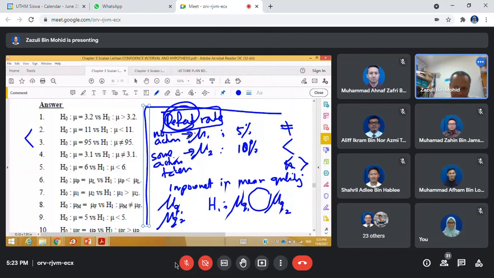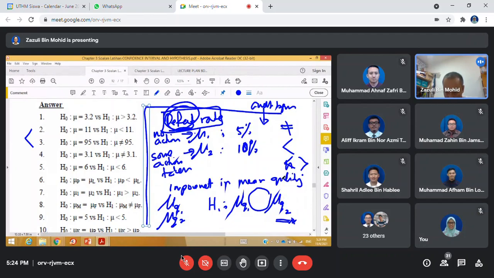Okay. Oleh kerana ini adalah defect, bila defect semakin rendah, quality bagus kan? Betul tak? Kalau defect tinggi, quality tak bagus lah. Maknanya, bila kita nak ada improvement, we want to have improvement at the second test.